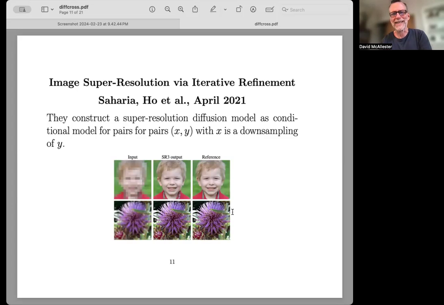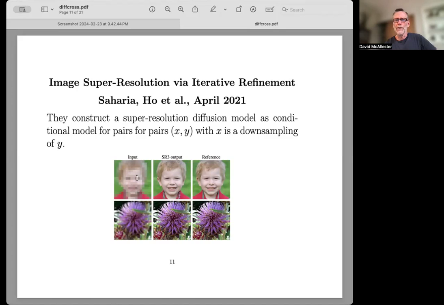Okay, so getting back to the history. So now we're going to do April of 21, again, about 3 years ago. And this was a super resolution algorithm. So a diffusion-based super resolution algorithm. So in super resolution, you're given a blurry image. Here we've got a blurry image of a boy's face, and we want to get a clear image.